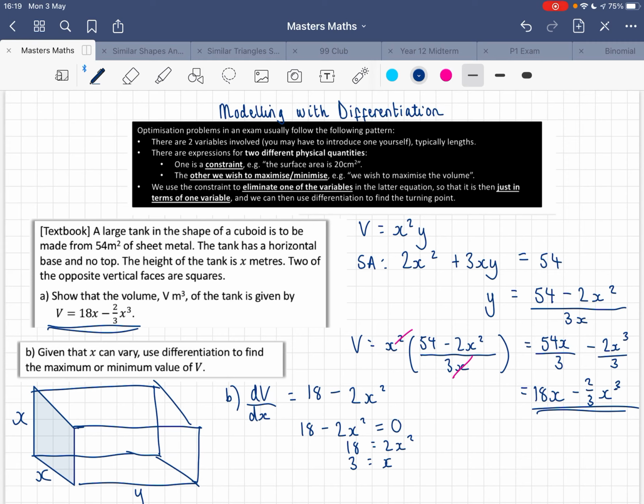So that's my value of x, and then I put that back into the formula for the volume to get either the maximum or the minimum value of v. So I've got 18 lots of 3 minus 2/3 x cubed, so 3 cubed. I don't have a calculator. I've got my phone.